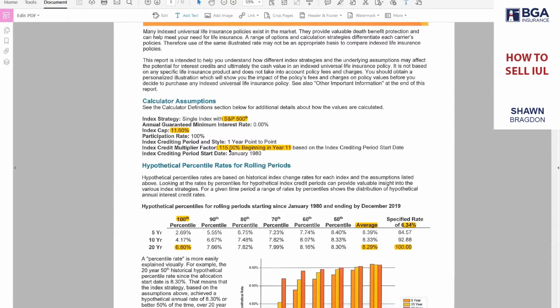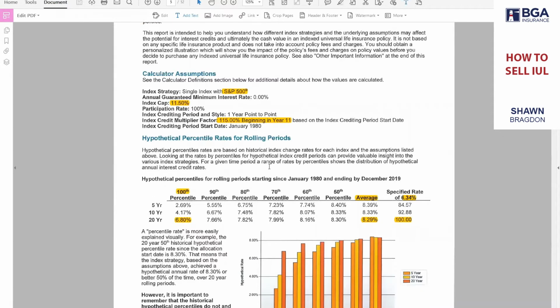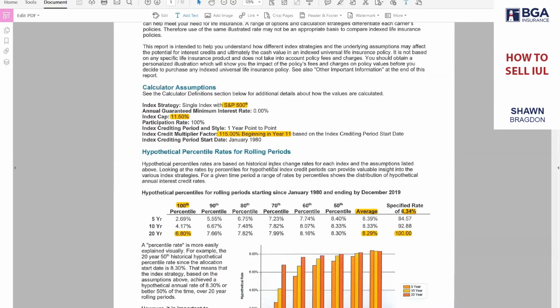It has a 15% guaranteed bonus that kicks in year 11, and we back tested this back to 1980. I don't think you really need to back test anything prior to 1980 because markets really changed in the 1980s. That's when computers started hitting the world. The average rate of return in every 20-year rolling period since 1980 for this index strategy is 8.29%.